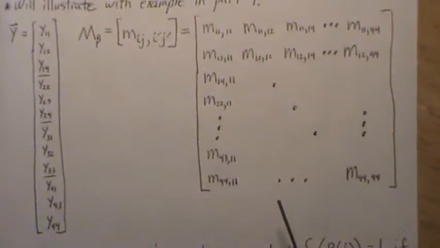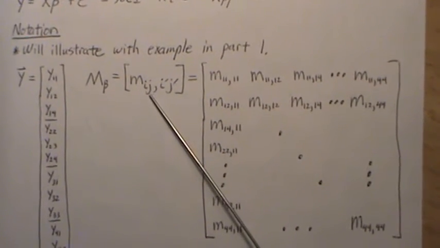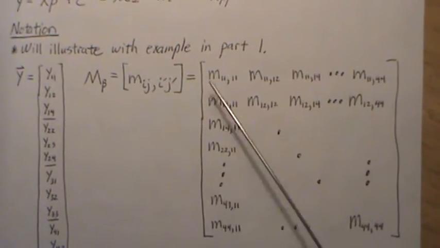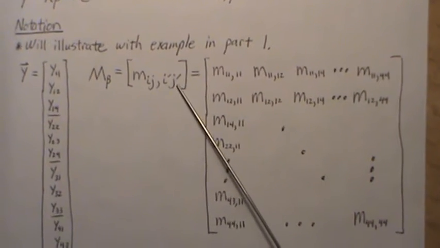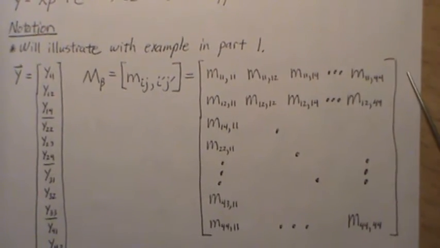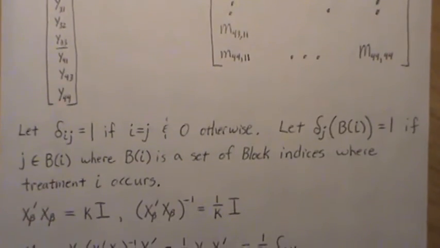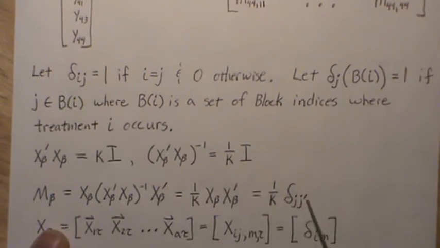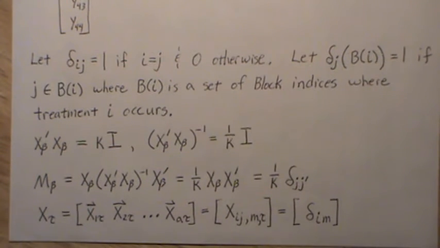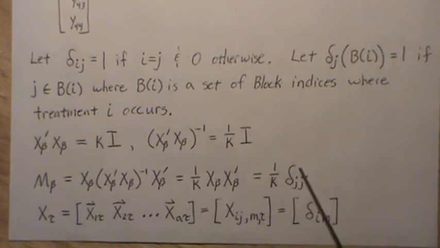If we look at this, it's when the block index going down equals the block index going across that we get a 1. And that's what this represents. And really the best way to do that is to write out an example, a simple, silly, small number example, and look at that.